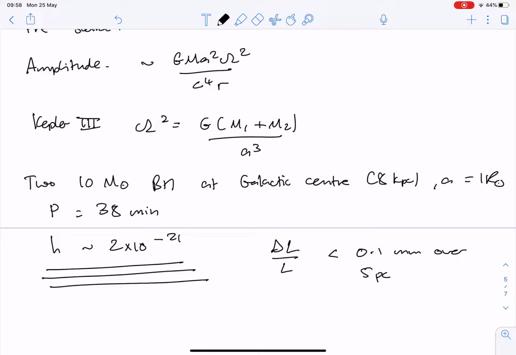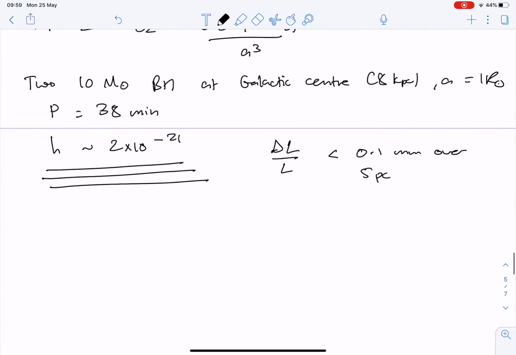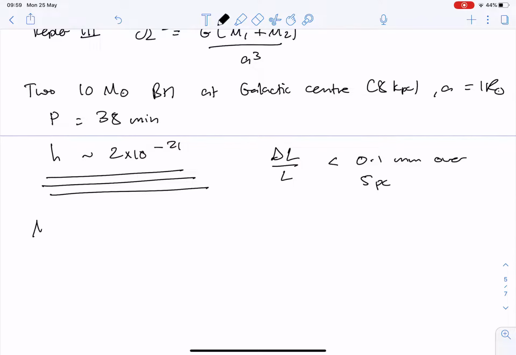And in particular, you can see here, if I have sources which get much closer and therefore much higher angular frequency, and push up the mass as much as I can, I push this amplitude up somewhat more. So massive objects in short period orbit are the best sources.